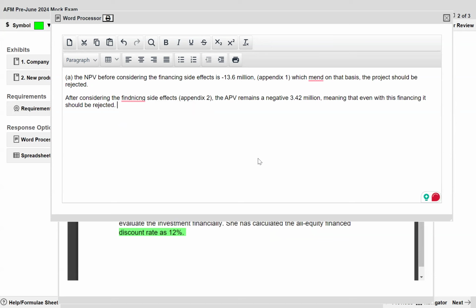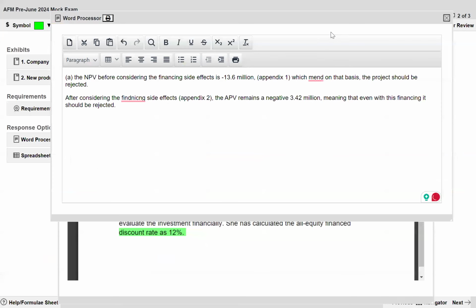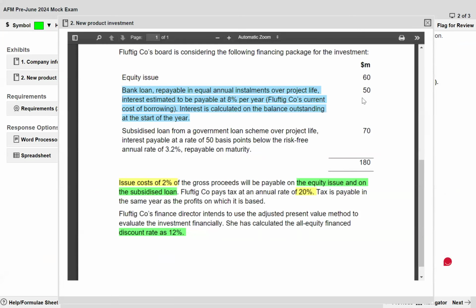But then you can now come and bring other aspects, because you see that for the financing we need some bank loan of 50. What if we were able to get 120 all subsidized? It would have been better for us. So you can bring that aspect.